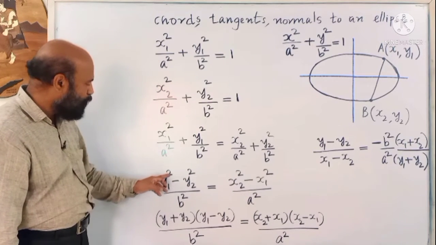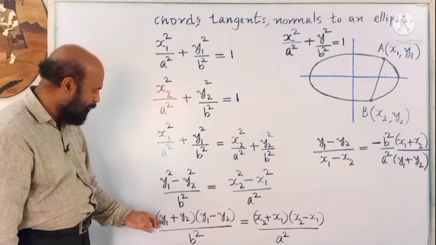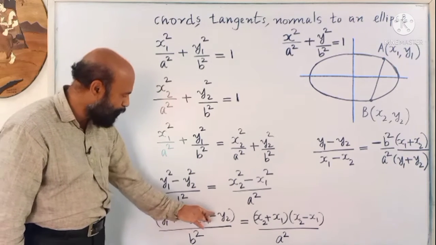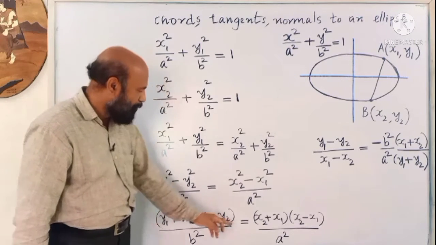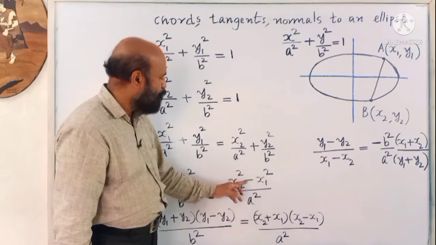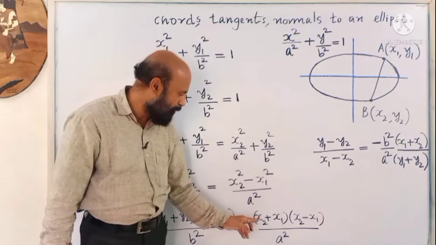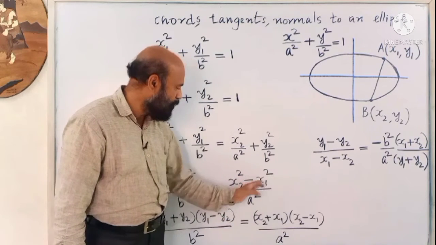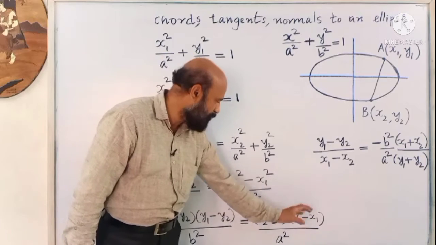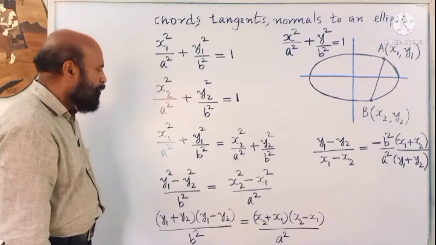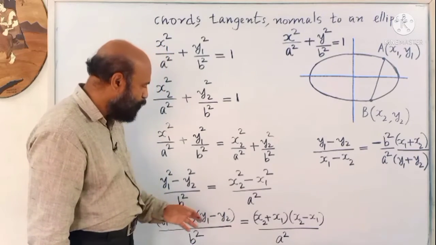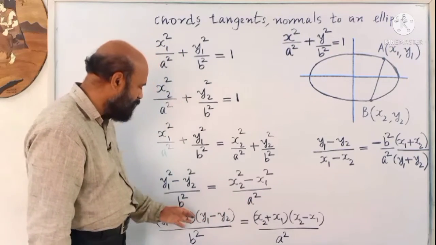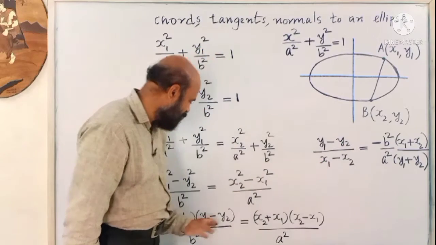Now y1 square minus y2 square can be written as y1 plus y2 into y1 minus y2 by b square. Similarly here, x2 square minus x1 square can be written as x2 plus x1 into x2 minus x1 by a square. Now for getting the slope, we should know change in y coordinate by change in x coordinate.